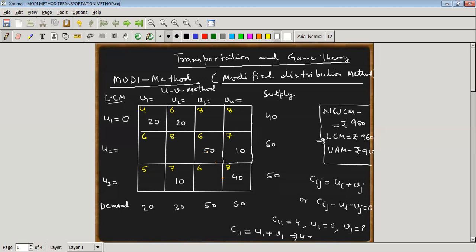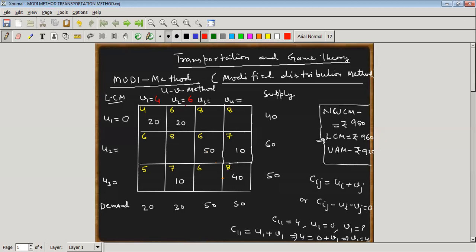This implies 4 equals 0 plus V1, so we get V1 equal to 4. Now similarly, U1 equal to 0 and there is an allocation, so we can find V2 equal to 6, because 6 plus 0 equals 6.